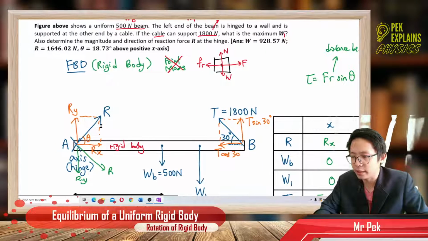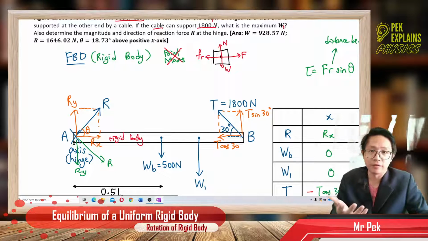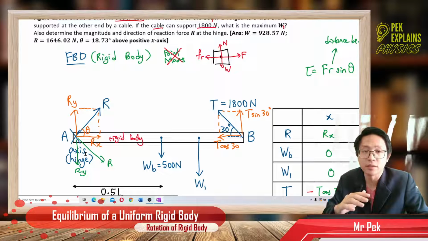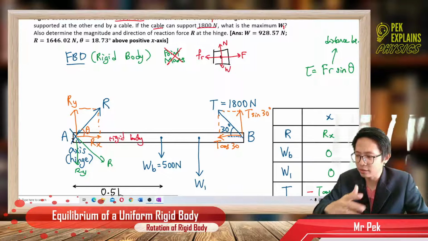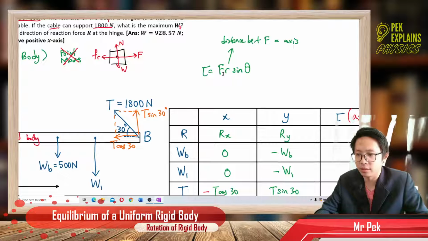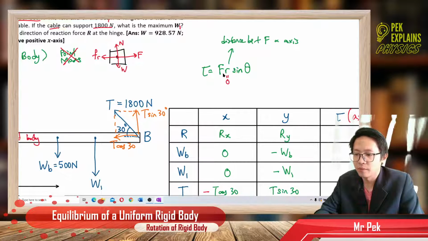So let's look at it now. The force is the reaction. It acts on the axis itself, at the same place as the axis of rotation, same place as A. So the r is 0.